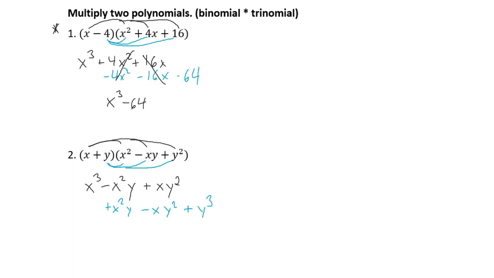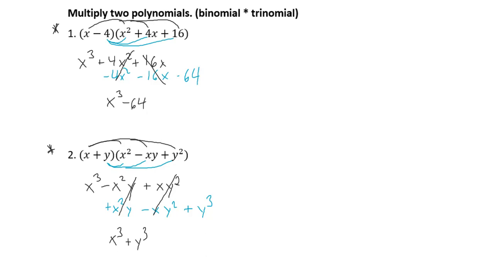And you can see that negative and positive, positive and negative, and we're left with x cubed plus y cubed. And again, this is one that you want to star because it becomes important later. This is what gives us the sum of cubes.